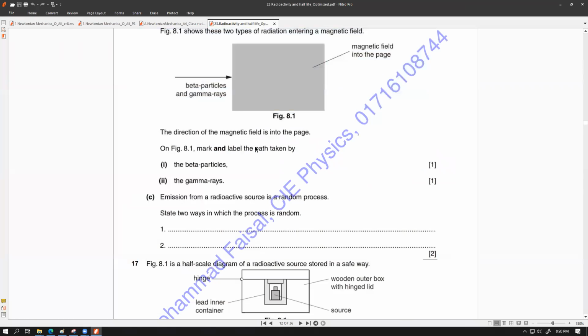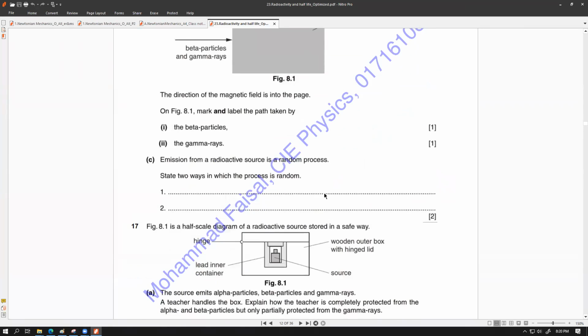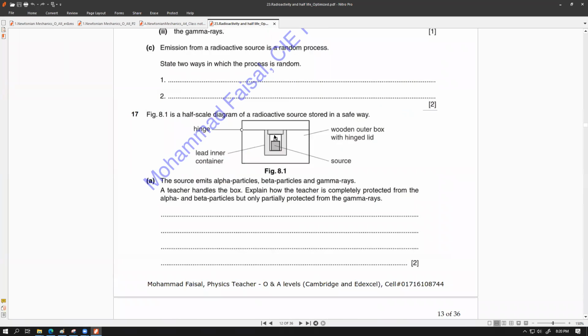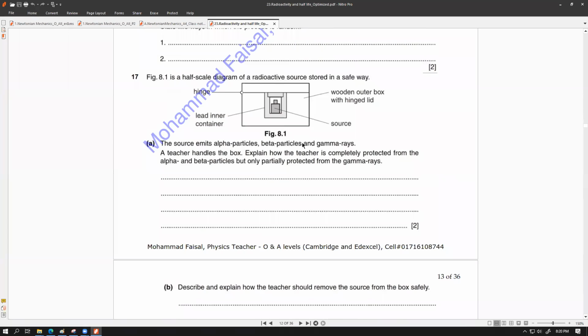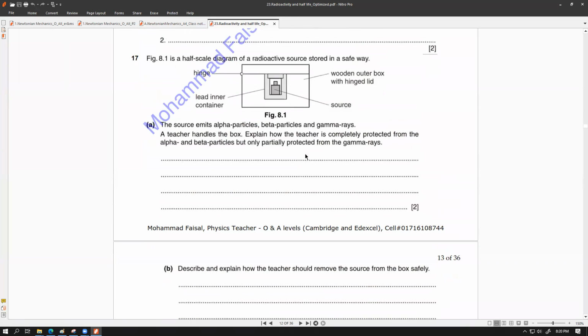আচ্ছা, তারপর কোশ্চেন দেখি আমরা। এই কোশ্চেনটা সলভ করো ব্রাবান। This is an interesting question. Figure 8.1 shows a half-scale diagram of a radioactive source stored in a safe way. We have a hinge, we have a lead inner container, we have a wooden outer box with hinged lid, and we have the source.